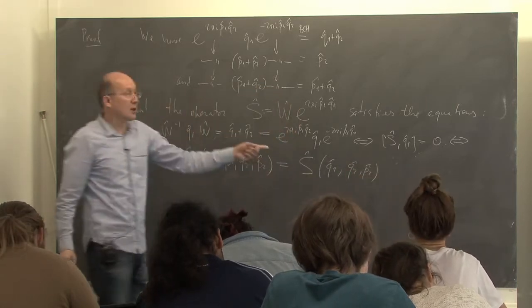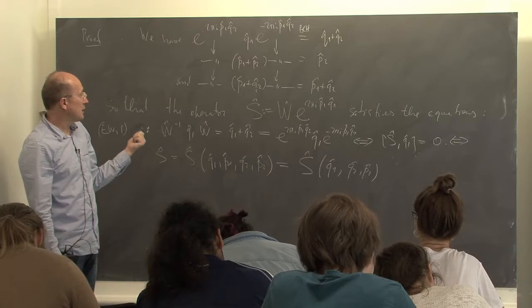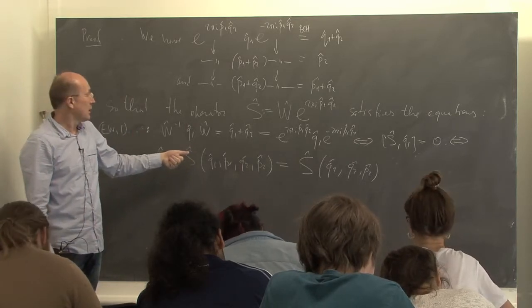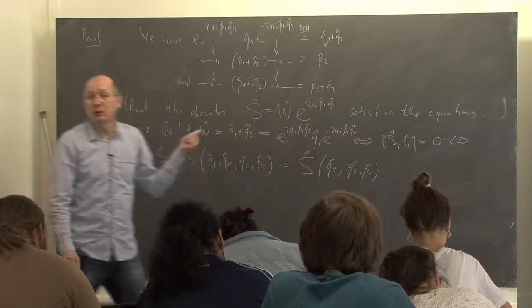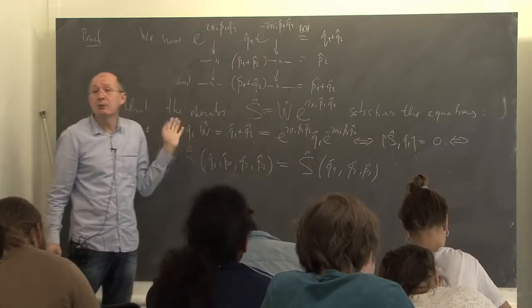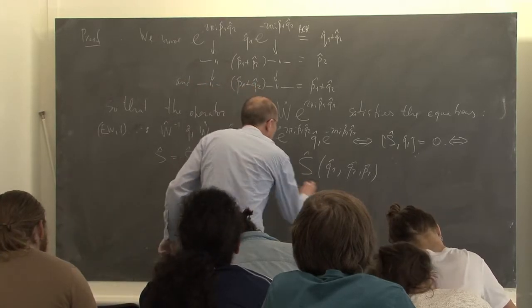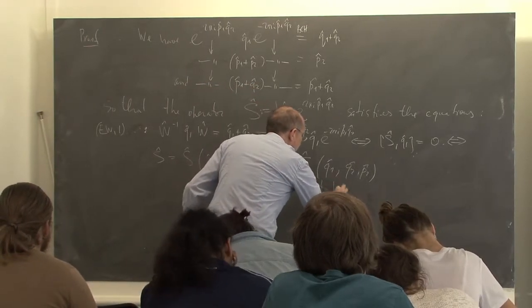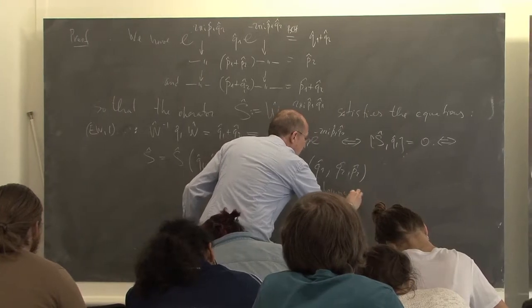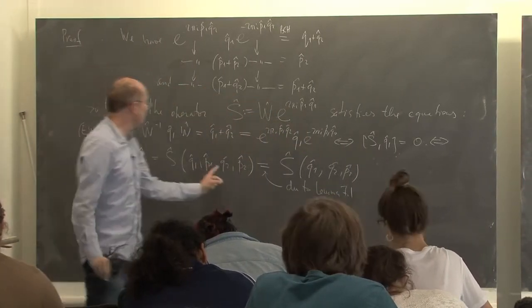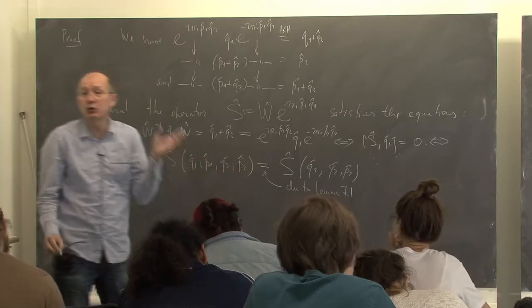So you see, the one equation specifies the dependence of our operator by reducing the number of operator arguments by 1. And this is due to lemma 7.1.